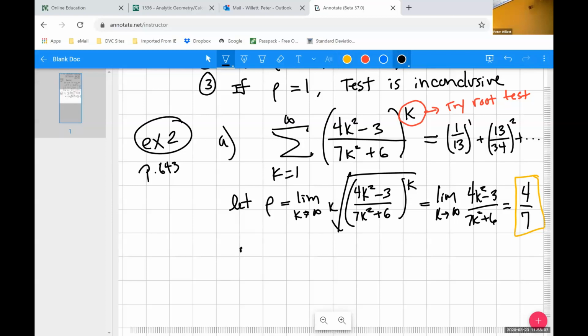Therefore, the series converges by the root test. And again, this doesn't tell us what the series would converge to. It just tells us that it converges.